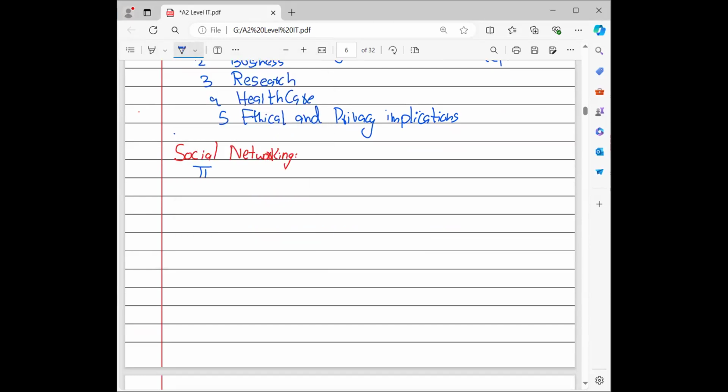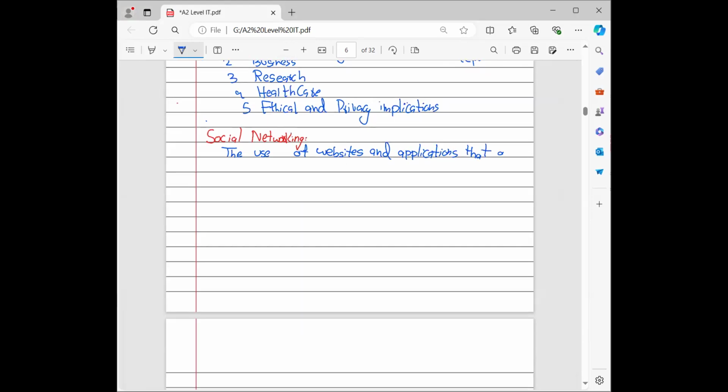Social networking is basically the use of websites and applications that allow users to communicate and interact with each other, like relying on social media for some news or for some entertainment.